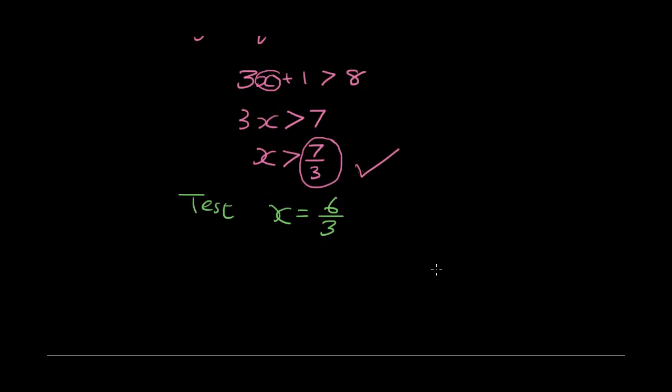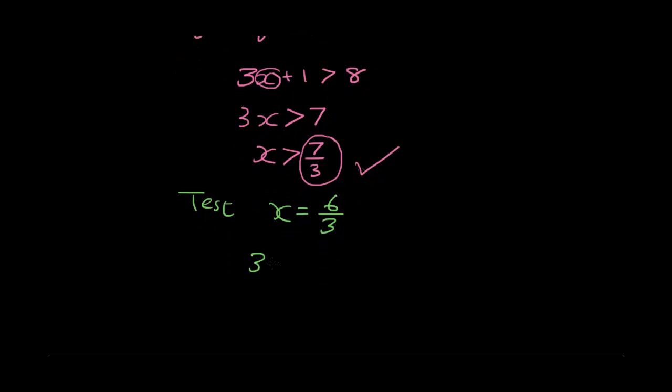If you put it in that equation, 3 times 6 over 3 plus 1, the 3 and the 3 cancel each other out. That becomes 6 plus 1, which is 7.